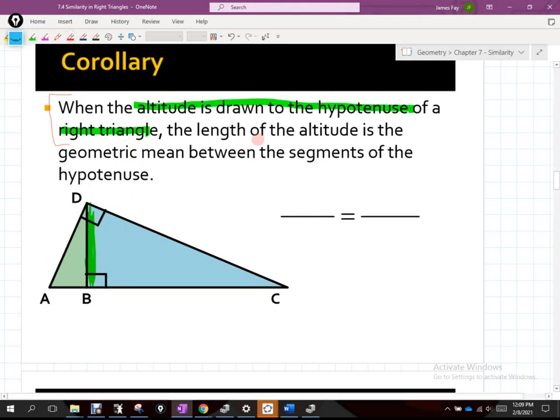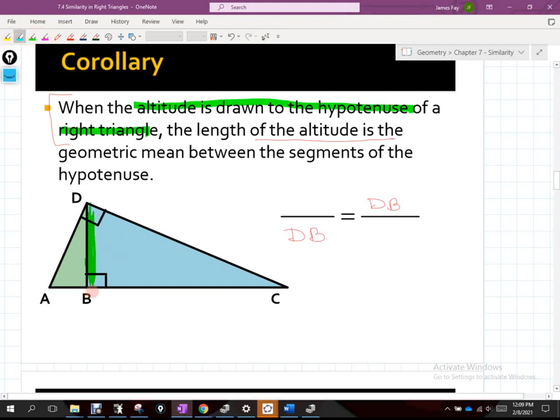If that's the case, then the length of the altitude, which is DB here, that is the geometric mean. And by definition, geometric means go in those two spots. So DB and DB should go in those two spots. And now it says it is the geometric mean between the segments of the hypotenuse.